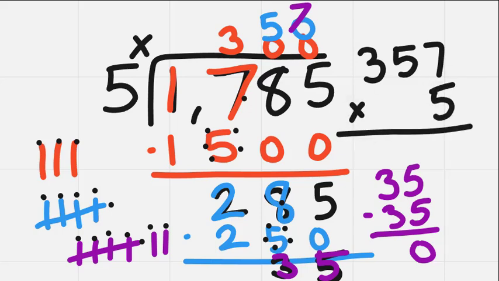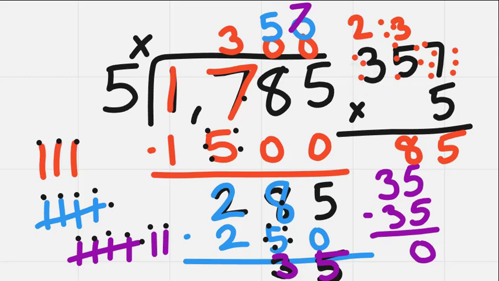5 times 7, 5, 10, 15, 20, 25, 30, 35. 5 goes below, carry the 3. 5 times 5, 5, 10, 15, 20, 25. Add 26, 27, 28. 8 goes below, carry the 2. 5 times 3, 5, 10, 15.